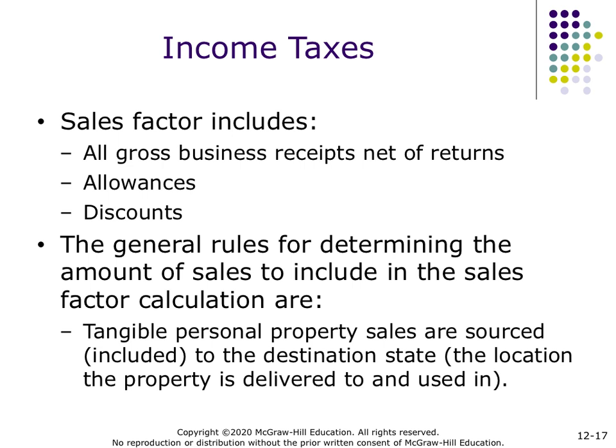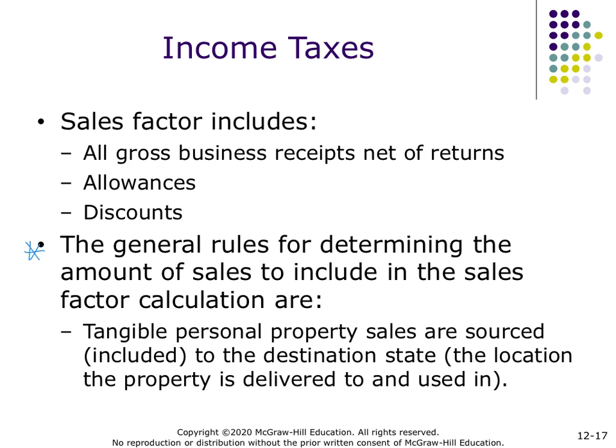Here is another slide about the sales factor. You've got the general rule for determining the amount of sales to include in the sales factor. Now, if a business does not have nexus in the destination state, sales are generally thrown back to the state from which the property is shipped.